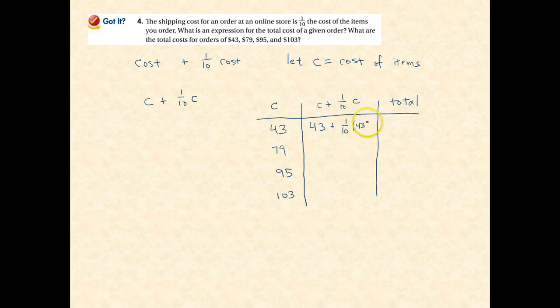Well, when you divide 43 by 10, which is what you're going to do, because you're going to do 43 plus 1/10 times 43 over 1, multiply 1 times 43 to get 43 on the top, 10 times 1 to get 10 on the bottom, so we're going to do 43 divided by 10.